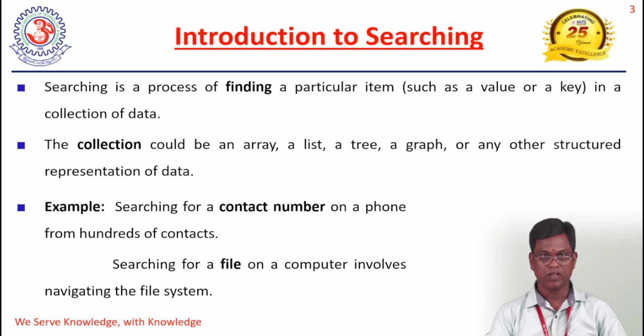In our system, we maintain many files in the form of directories and subdirectories. So whenever we are searching for a particular file, we move from the root directory through subdirectories, and finally we find the particular file that is required. So this process also comes under searching.